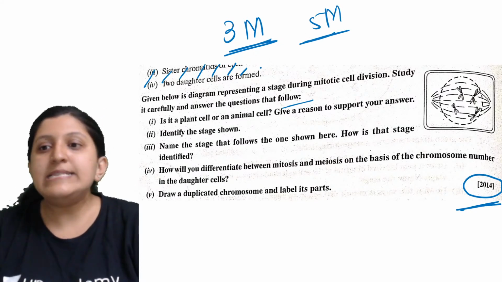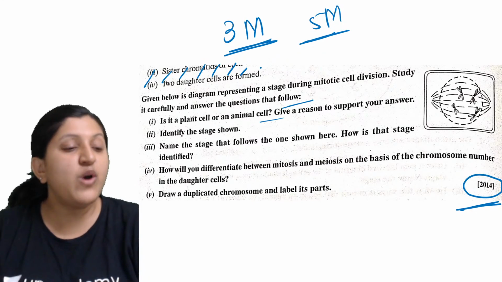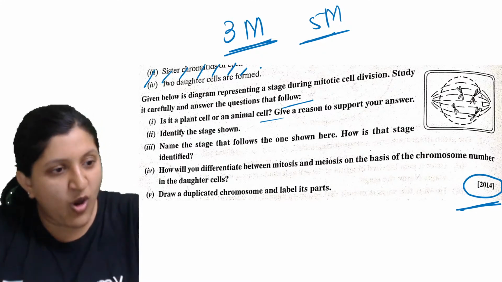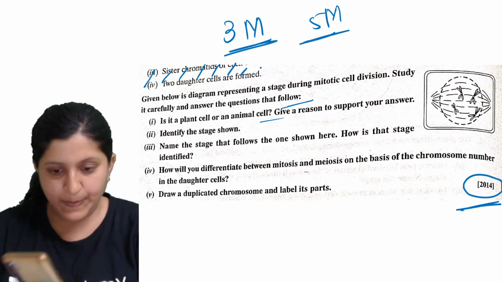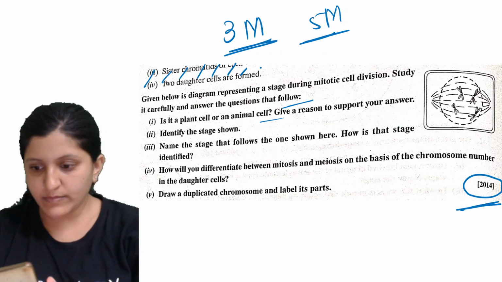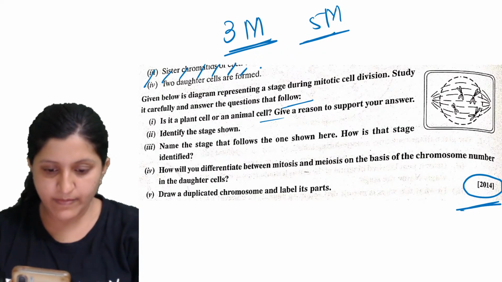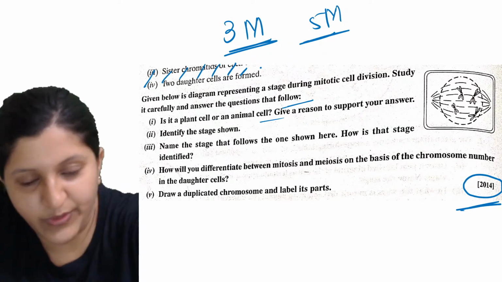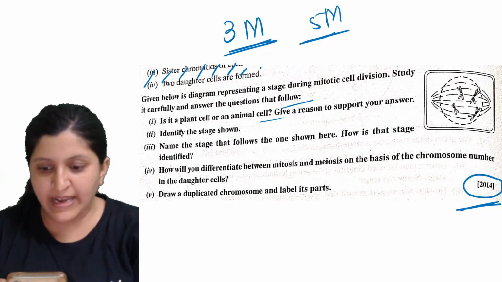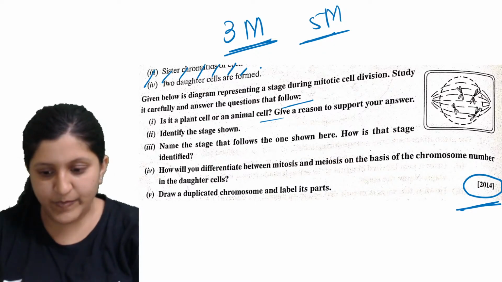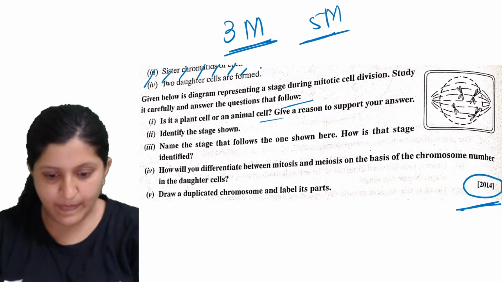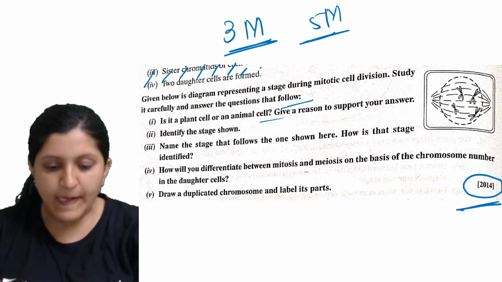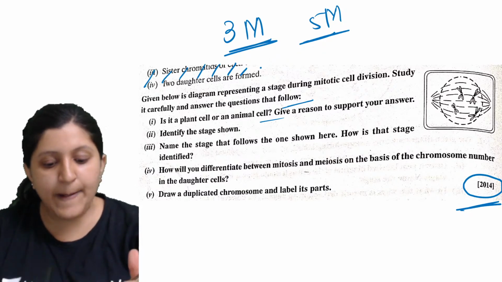Now, is it a plant cell or an animal cell? How are you going to understand whether this one is a plant cell or an animal cell? How do you differentiate this one? This one is basically a plant cell.